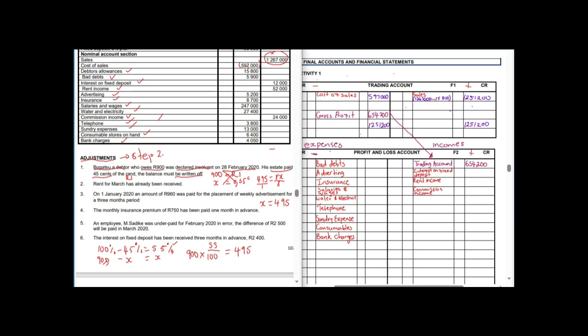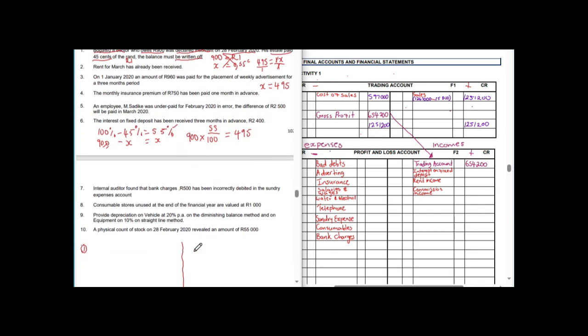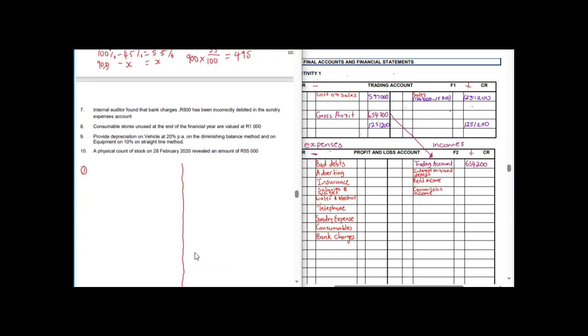So guys, since we are able to calculate how much must be written off, now let's record. Under bad debts, it's a pity that I don't have enough space under my profit and loss, but whenever you're completing profit and loss, guys, please show brackets, as I did under the trading account, whereby I said sales, and underneath sales I showed the opening balance and then subtracted the debtors allowance, my calculations.